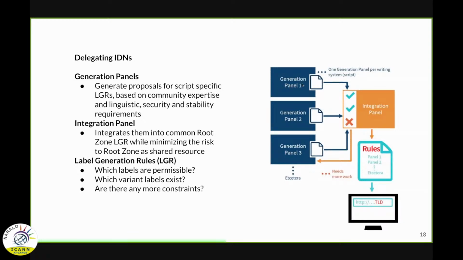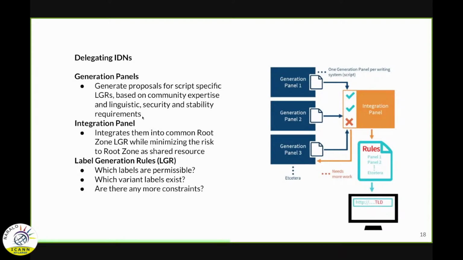And they hand the work over to the integration panel, who evaluates the work and then decides to accept or reject. Then the LGR rules are worked out, and you finally have the delegation to the root. So the generation panel generates proposals for script-specific LGRs based on community expertise and linguistic security and stability requirements.